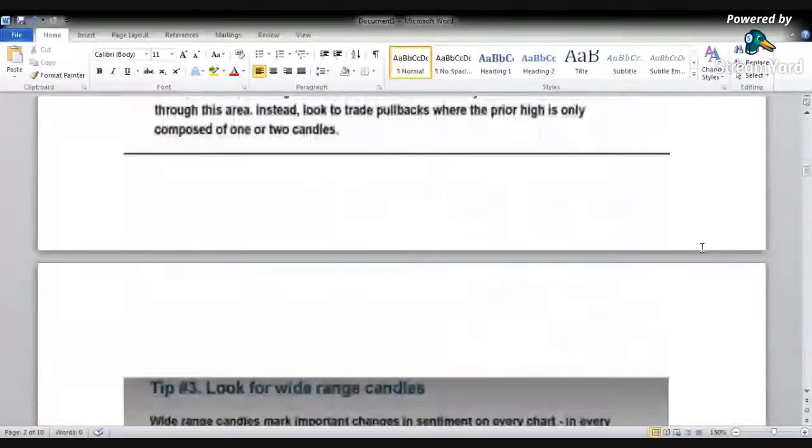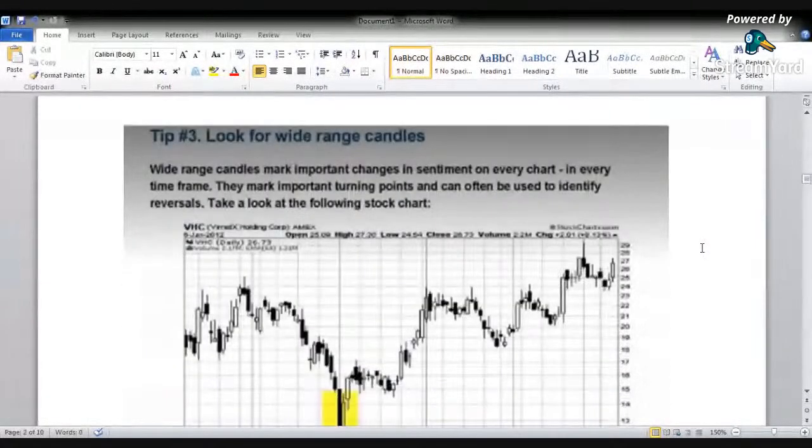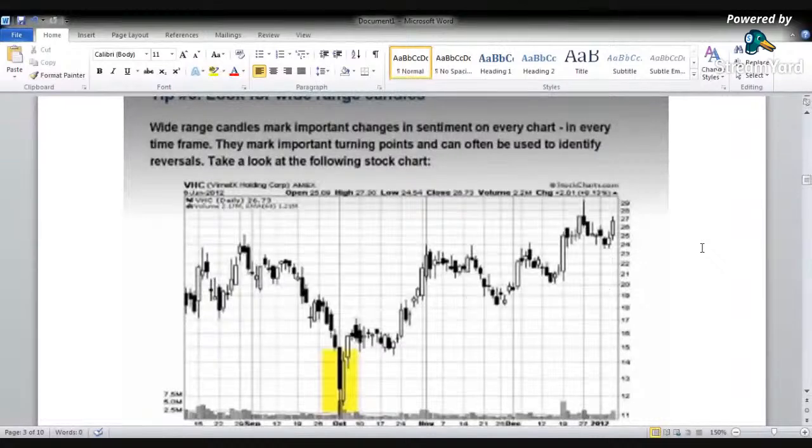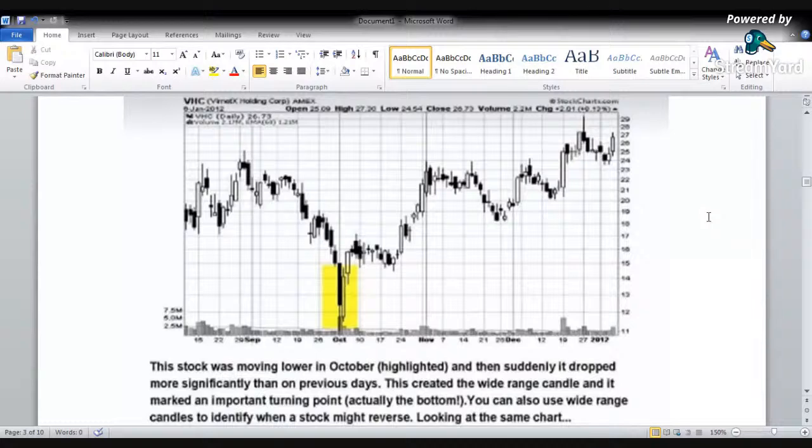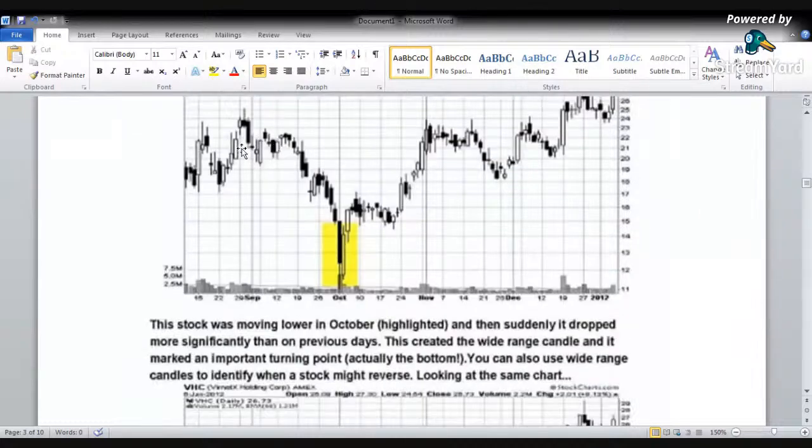Now let's go to the third tip. Look for a wide range candle. Wide range candles mark important changes in sentiment on every chart. In every time frame, they mark important turning points and can often be used to identify reversals. So for example, the price is going down and there is a very big candle.